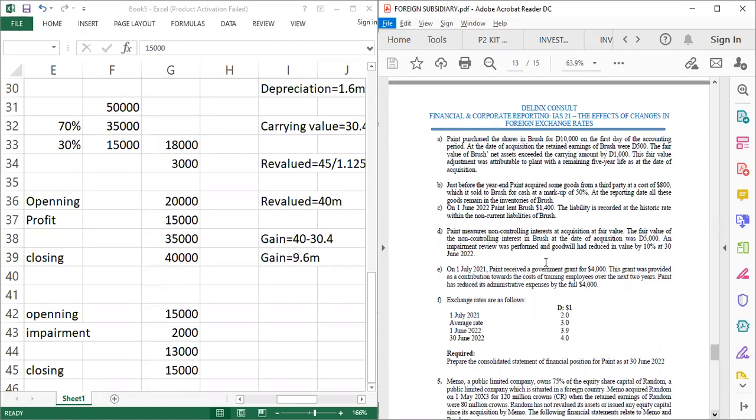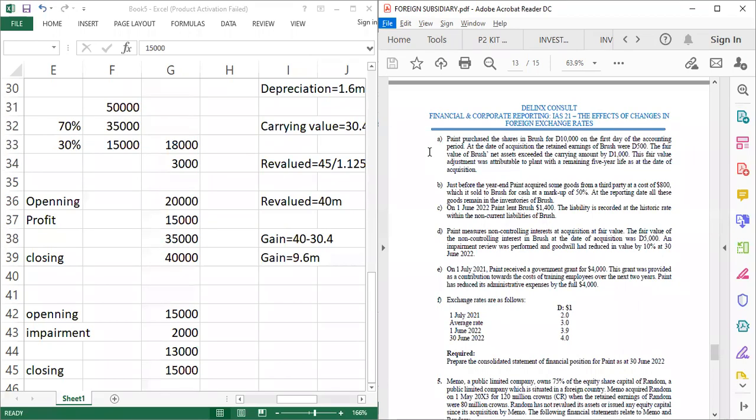At the date of acquisition, the retained earnings of Brush were 500. The fair value of Brush's net assets exceeded the carrying amount by 1,000. This fair value adjustment was attributable to plant with a remaining 5-year life at the date of acquisition.